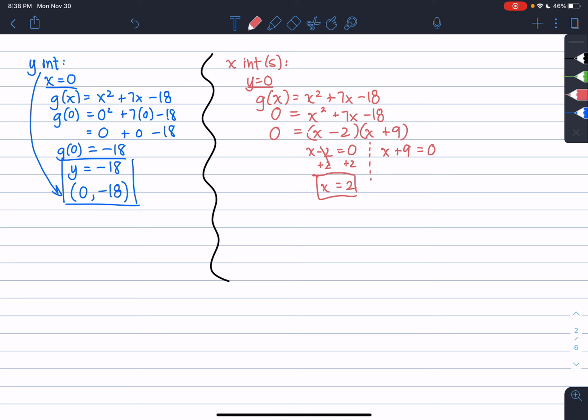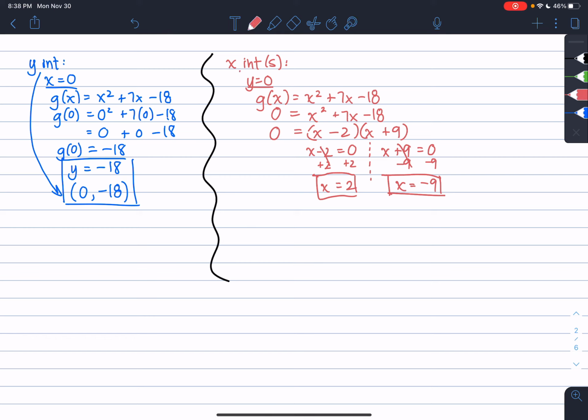On the right side, I'm going to subtract 9 from both sides, which tells me x equals -9. So we have two x-intercepts. One is at x is 2, the other is at x is -9.